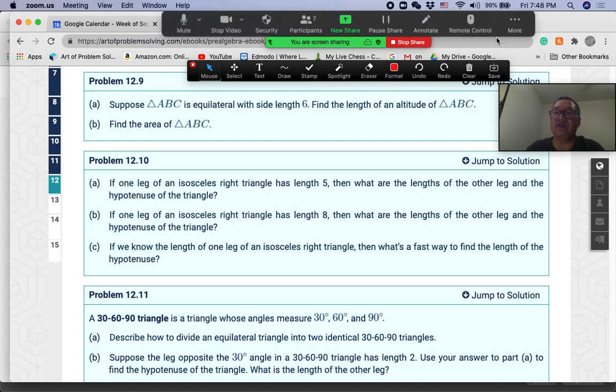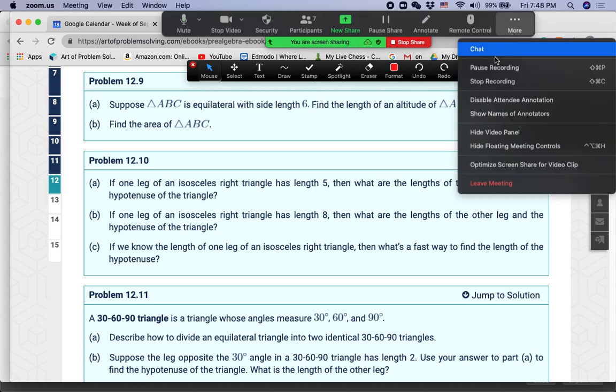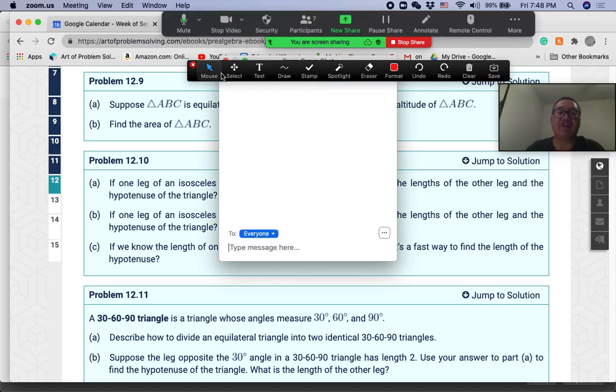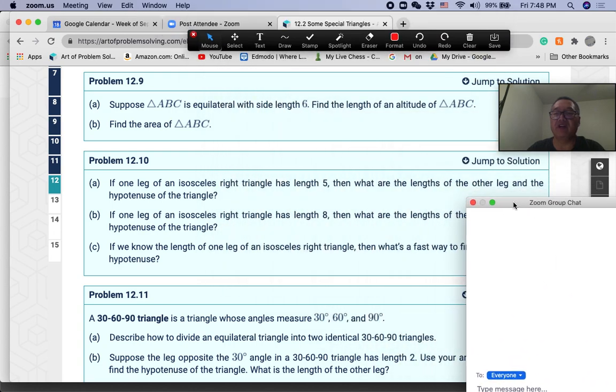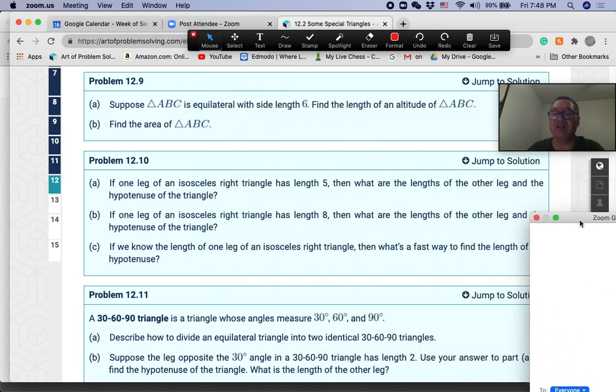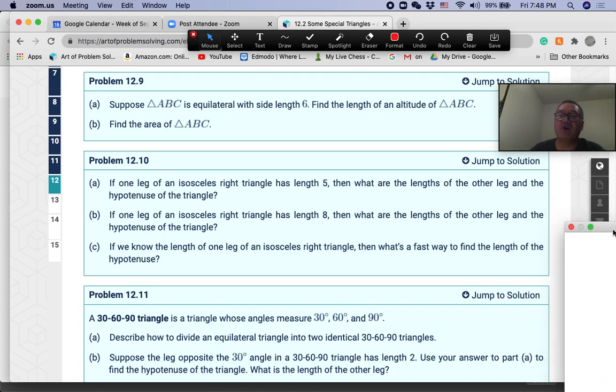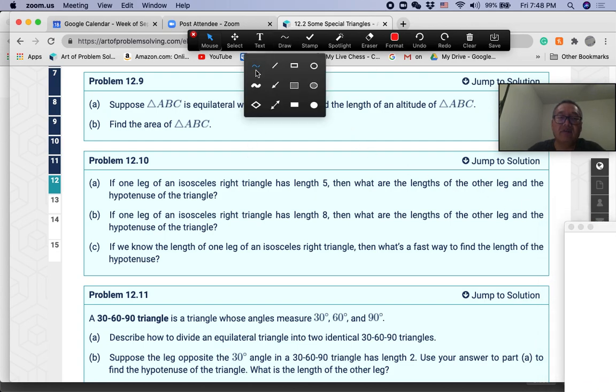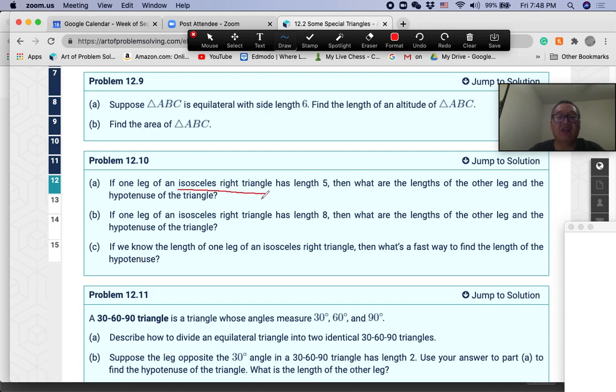Everybody, can you send me your answer in the private chat? Now let me check if you got this one right. This one is very easy, but first try to draw a diagram. So what does an isosceles right triangle look like? You need to draw this. Otherwise, how do you do the further calculation?